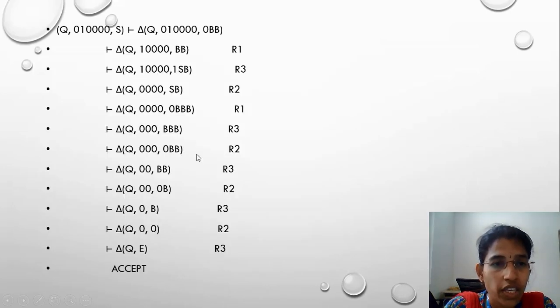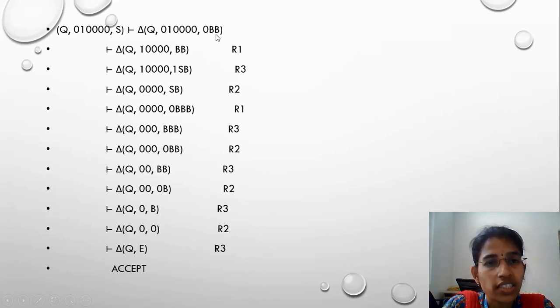Here we apply the rule. The starting stack symbol S can be changed into 0BB. Next, in the input and the stack, the leading symbols are 0 and 0, so we cancel the 0 0. Next comes 1, and the remaining input is 1 0 0 0 0.